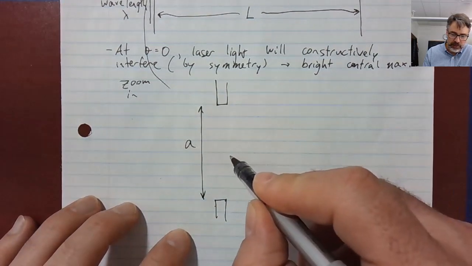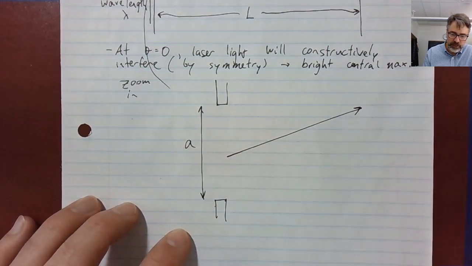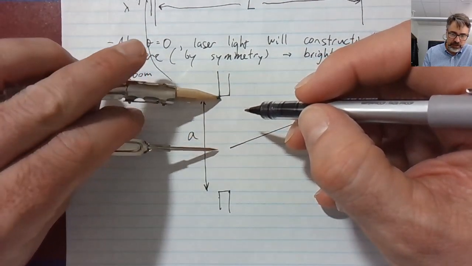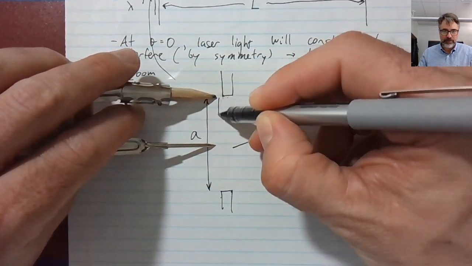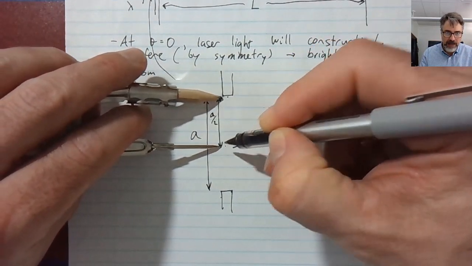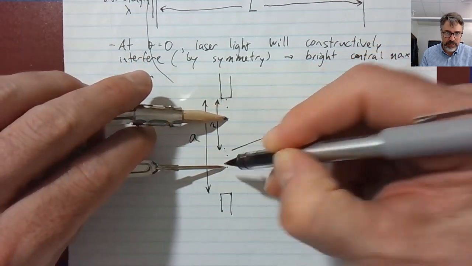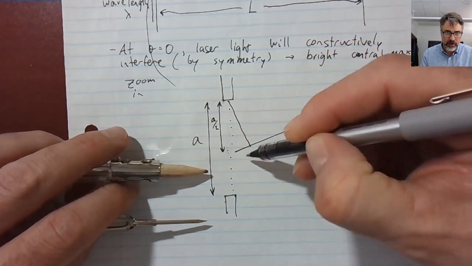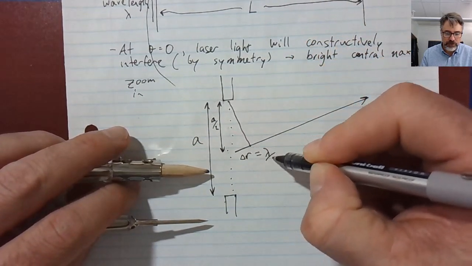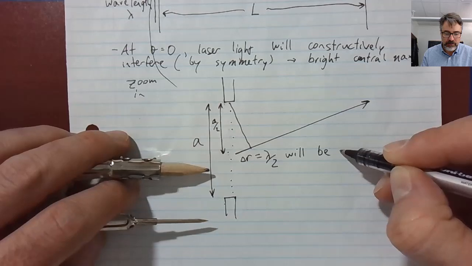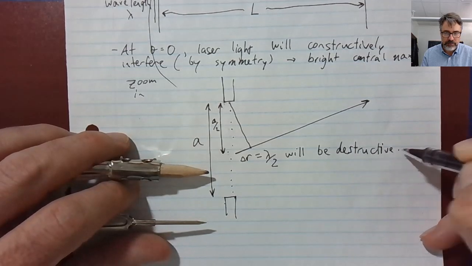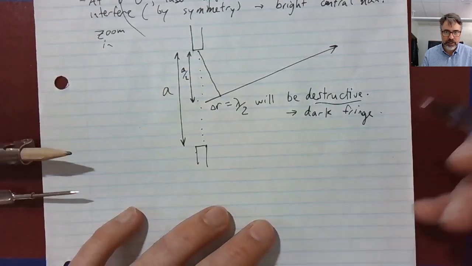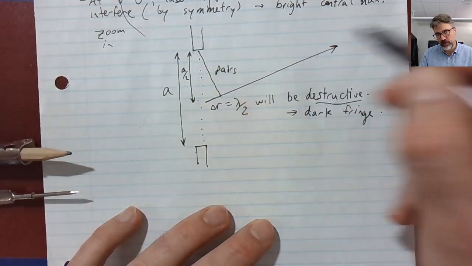And same kind of thing, this light is all going to go off at a particular angle theta to point P. But what we do is make half the distance, half a slit width, a over 2. You can form the entire slit with pairs of points that are all a over 2 apart. And if you set delta r, the path difference, to be lambda over 2, they'll all destructively interfere. You'll get 0 from all these pairs, so you'll get a dark fringe. That's the argument that they make.